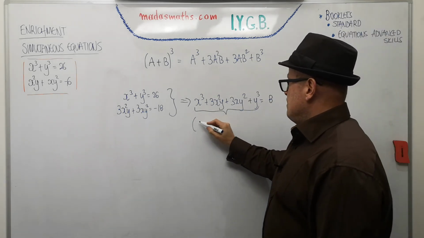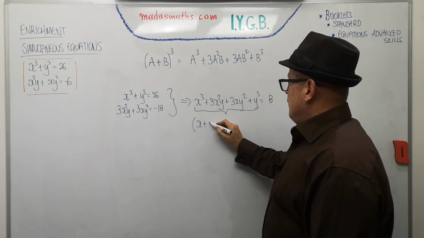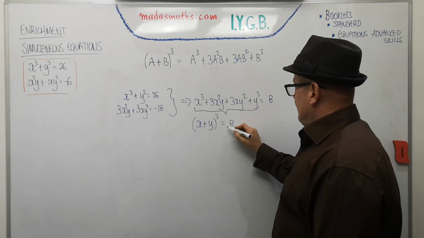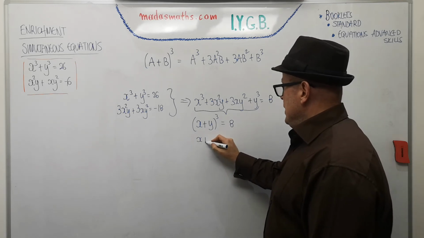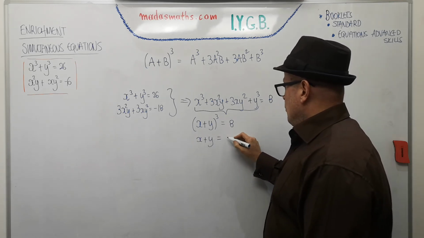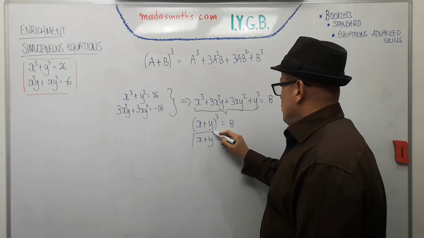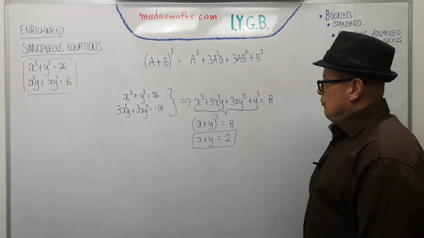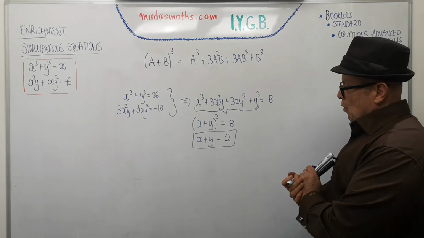This is the perfect expansion of (x + y) cubed is equal to 8. So 8 is a good number because of course the cube root is unique. So x plus y is in fact equal to 2. So it's telling me that the two numbers that I'm looking for must have a sum of 2.